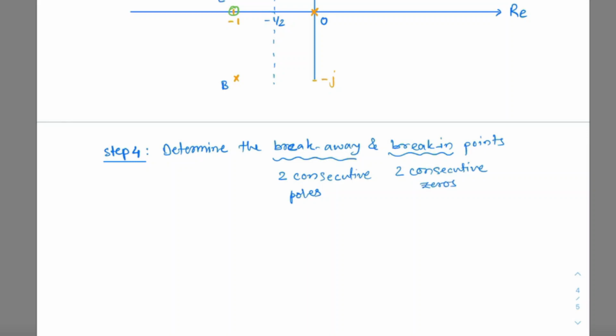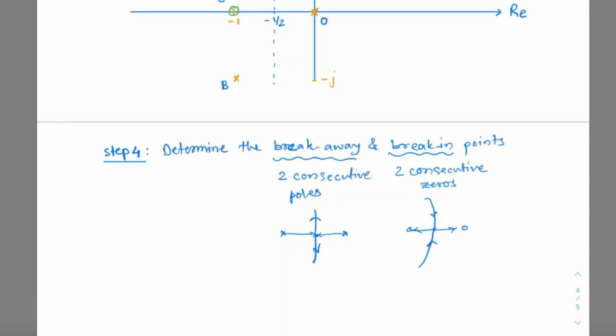That means if we have two poles and the root locus starts going towards each other, then at a certain point they'll meet and the root locus would go away. Whereas when we have two zeros and the root locus is coming from some direction, then it will break in.